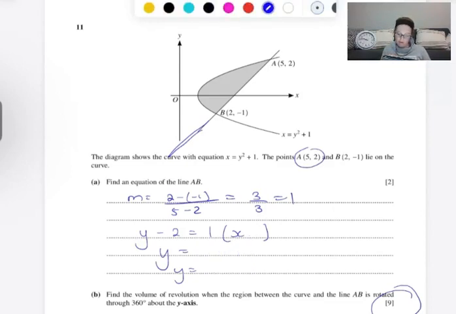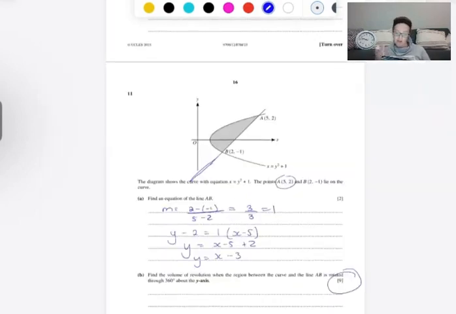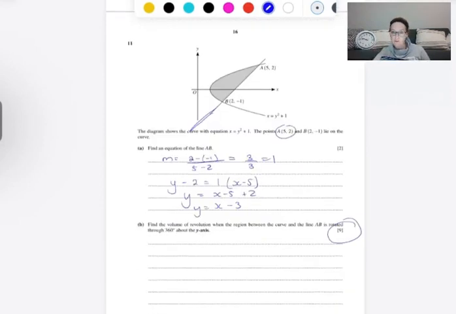Y minus 2 is equal to x minus 5. Okay, that looks much better. So always check, does it look like it's right or not? Okay, so y is equal to x minus 3.